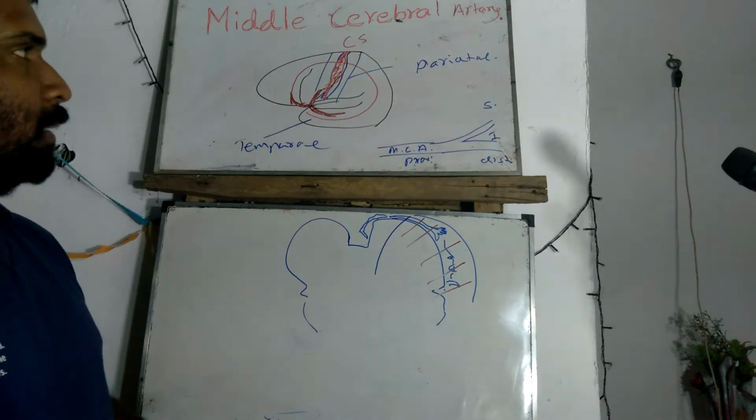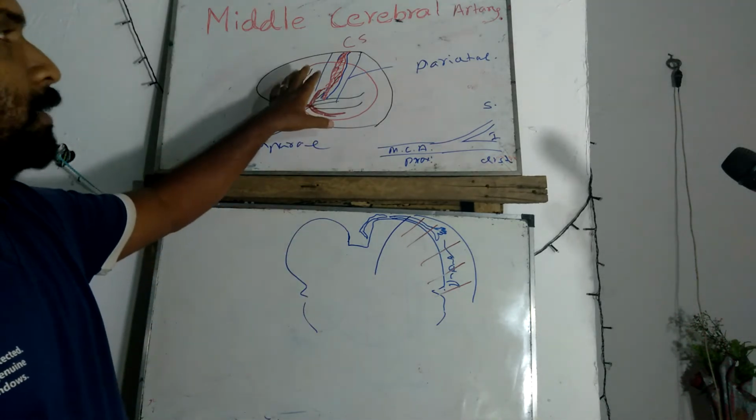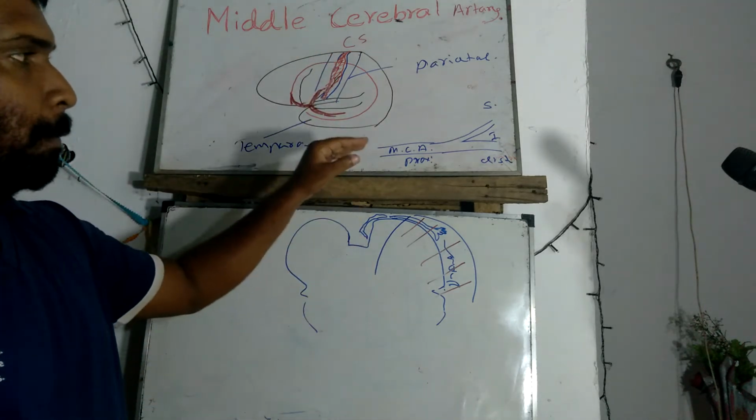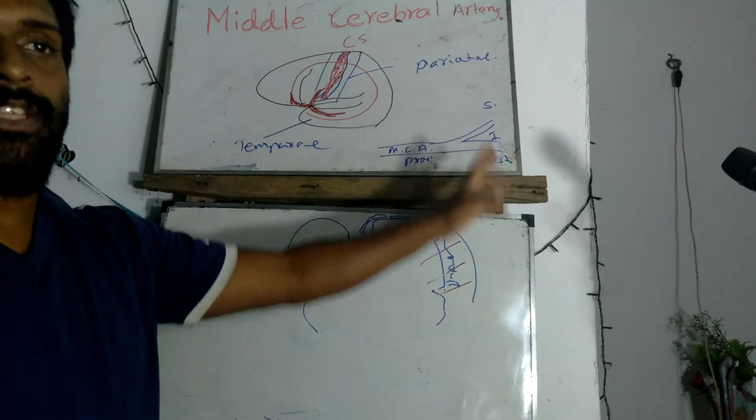Then we are going to another area. What is the other area? Damage to the middle cerebral arterial occlusion distal part.